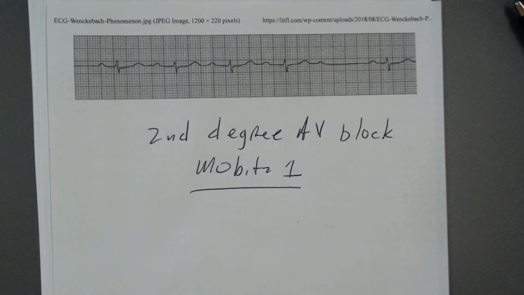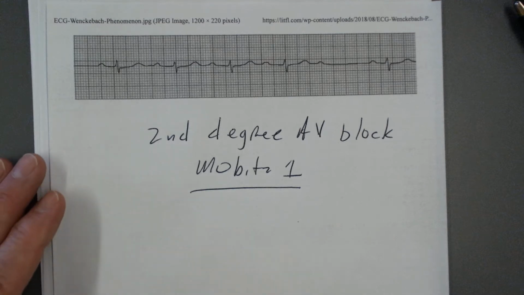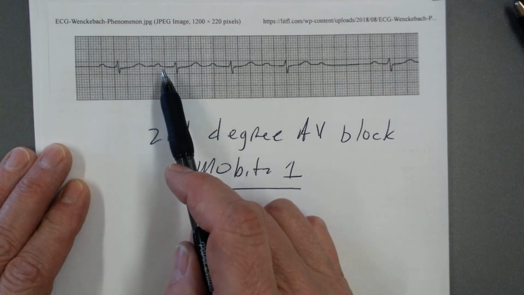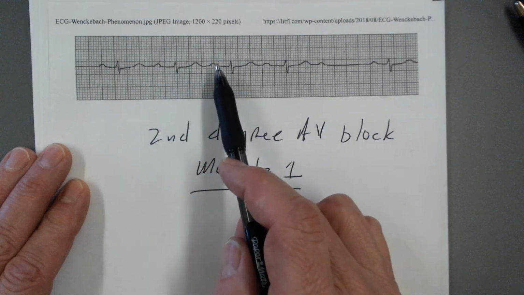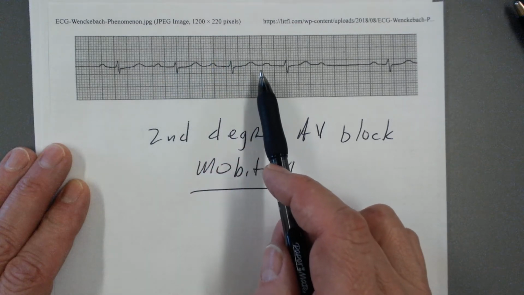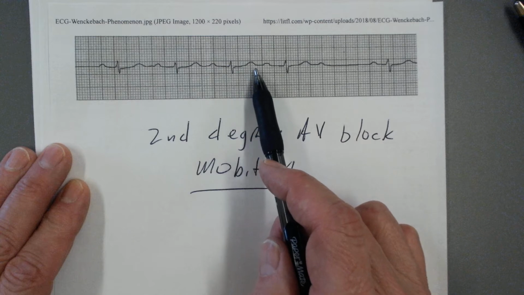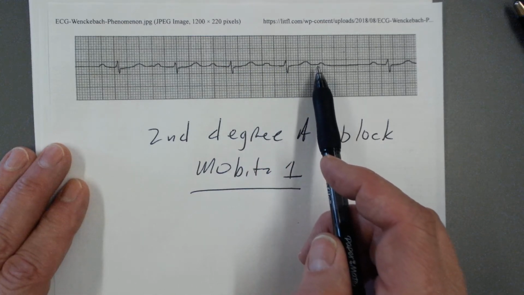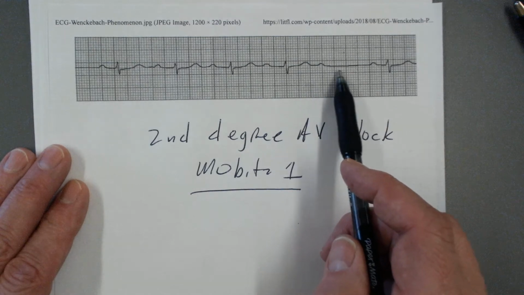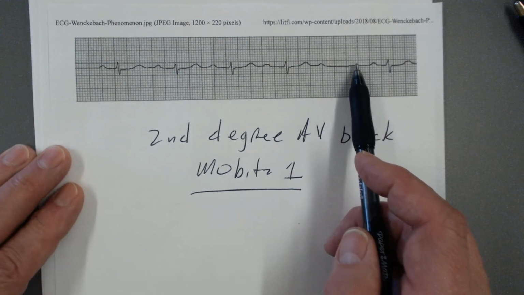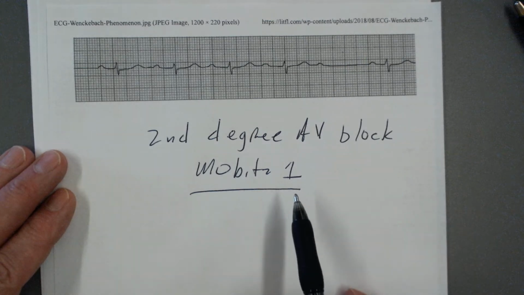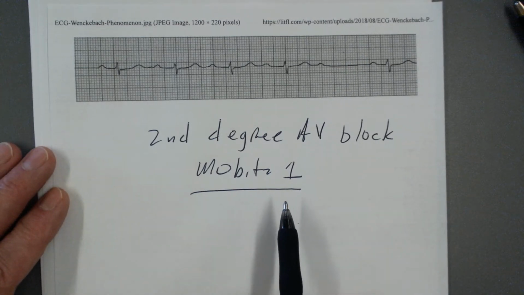Now with a Mobitz 1, each atrial impulse takes a longer and longer time to get to the ventricles until eventually they virtually go missing. As you can see right here, you get a P wave and it never gets through. So this is the feature of a Mobitz 1 second degree AV block.